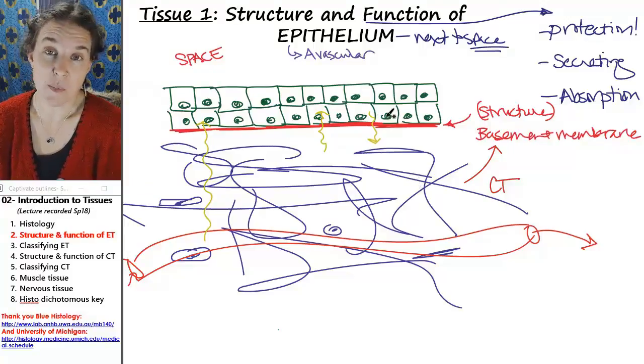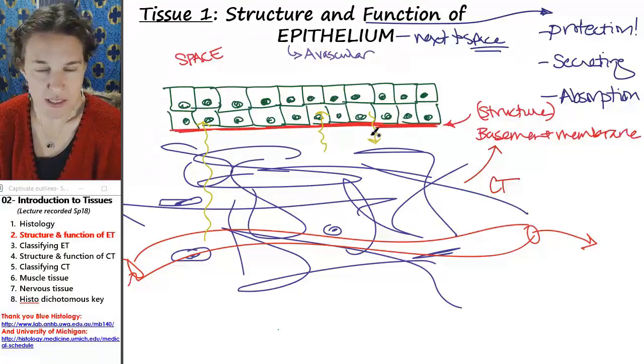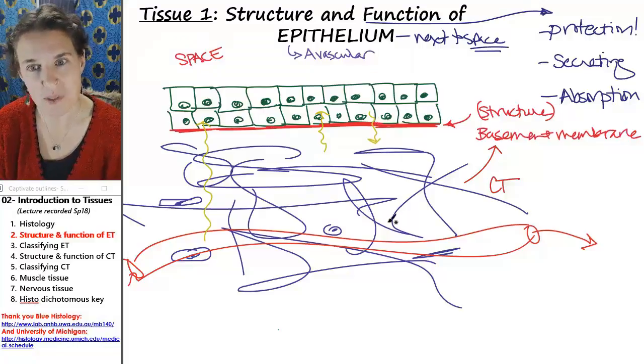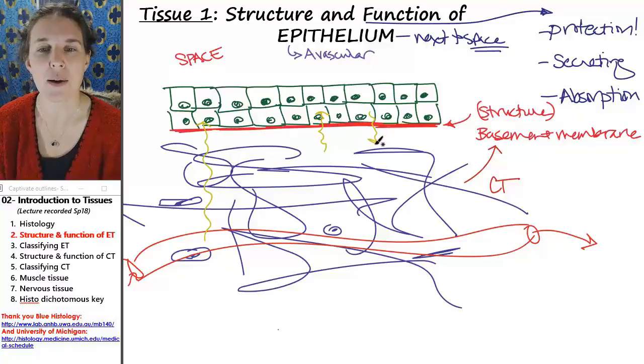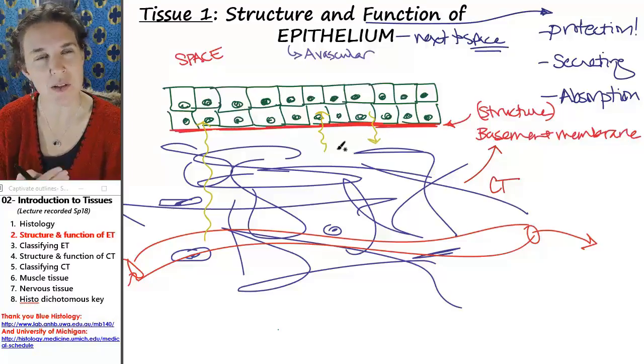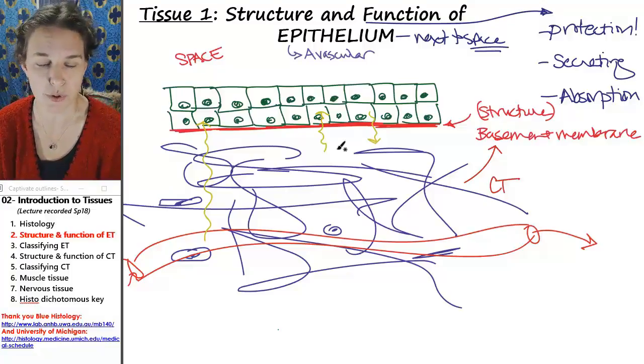If this epithelium was in the digestive system, you can imagine that nutrients from what you are eating need to be absorbed into the blood to be delivered to the rest of your body. And so the basement membrane is sort of a wall that stuff has to go through.